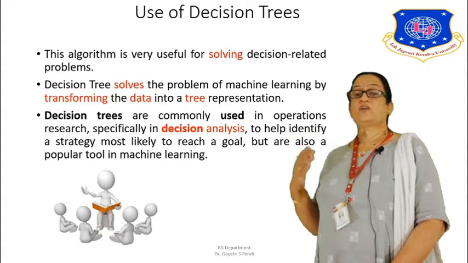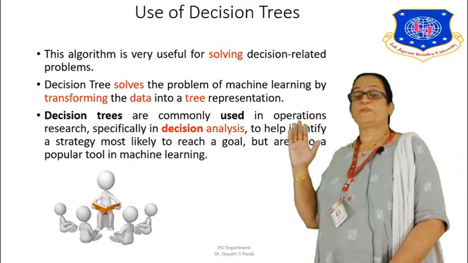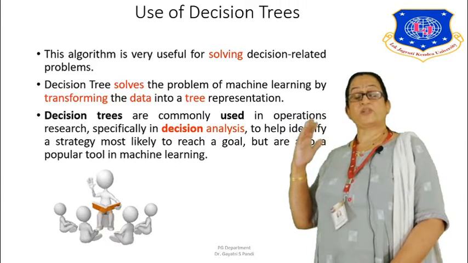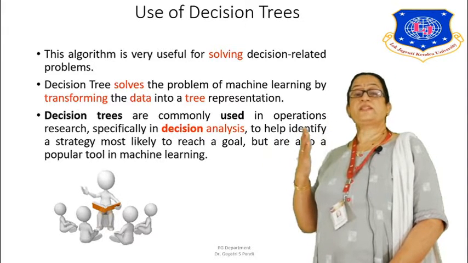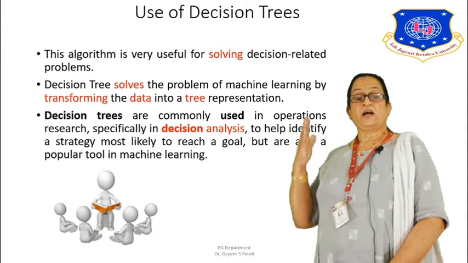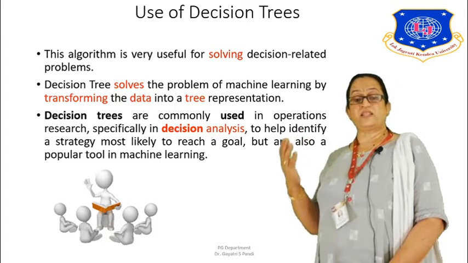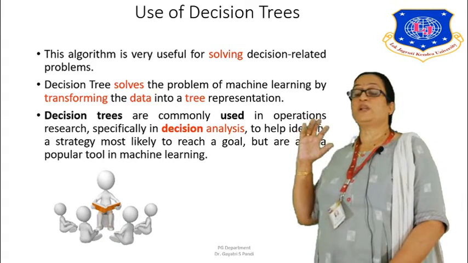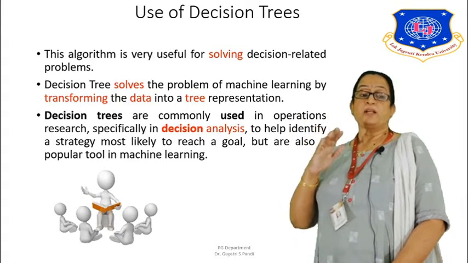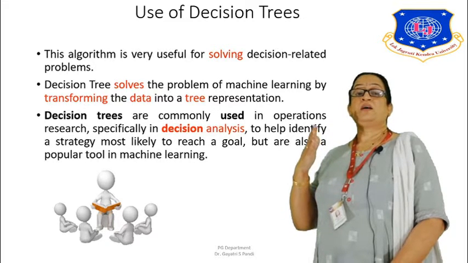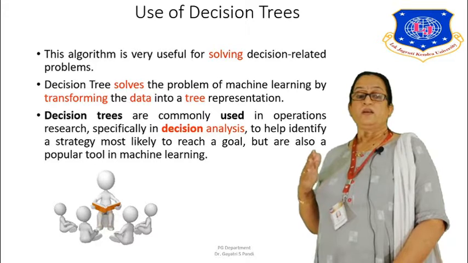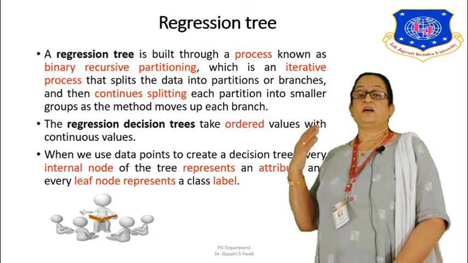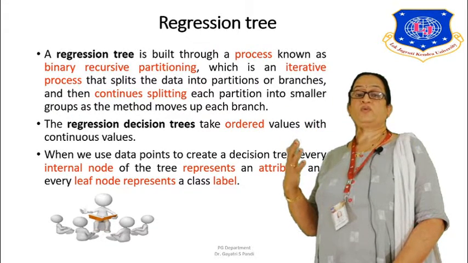Decision trees are commonly used in operation research, specifically in decision analysis. They are basically used to help identify strategies which are most likely to reach a specific goal, but are also a very popular tool in machine learning. So let us see a few more points related to decision tree.